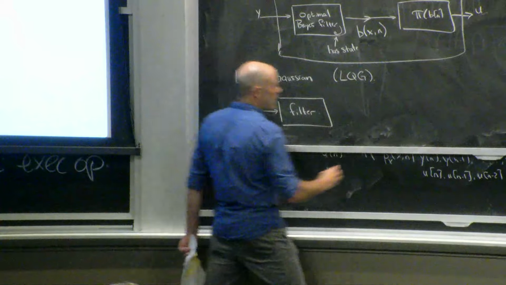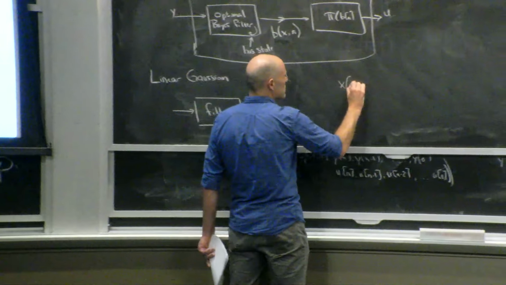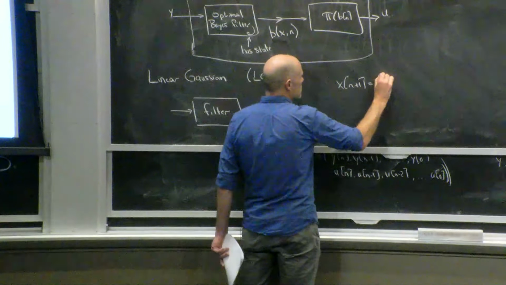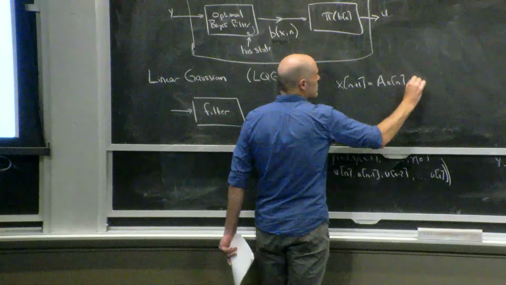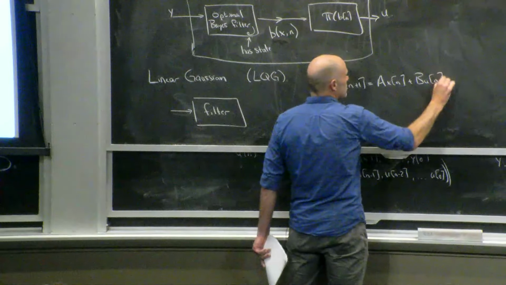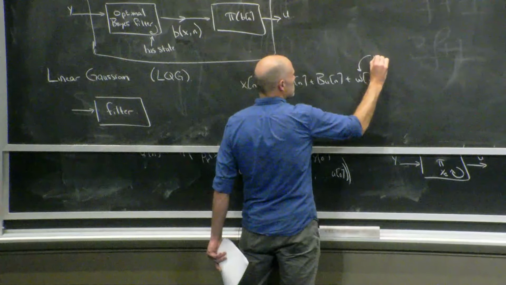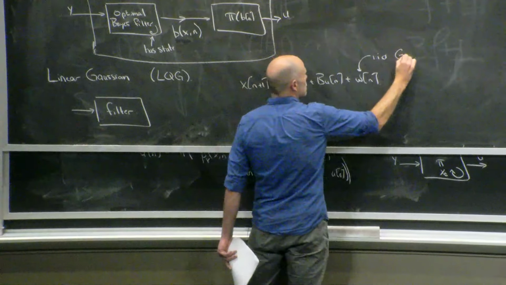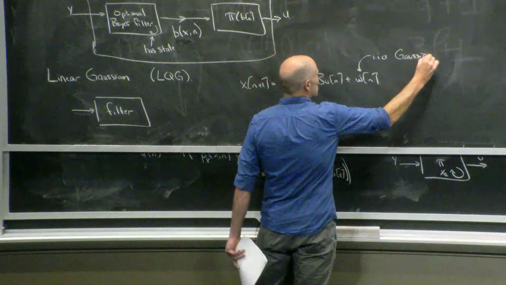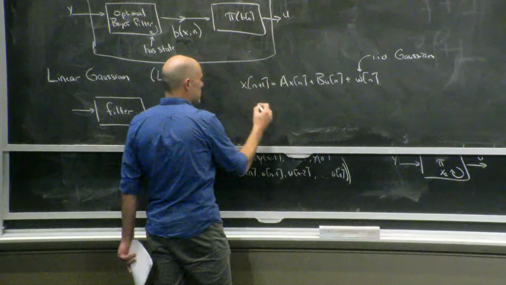Okay. In this case, if I have my linear dynamics, this is IID Gaussian, mean 0.